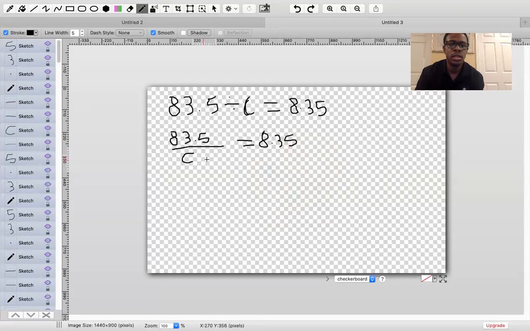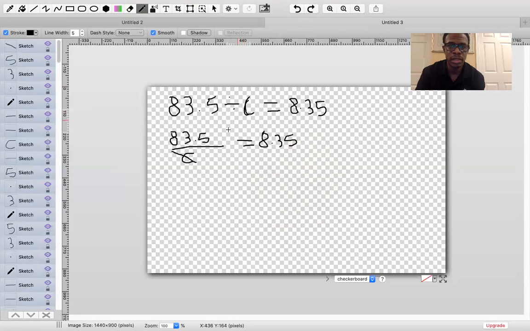Now again, you can't just delete the top number. For this, you have to do the opposite of the bottom operation. So to get rid of the divide, or to get the C, we're going to have to actually do the bottom one. You always have to do the bottom, you can't just do the top one. So we're going to do the opposite of this operation.